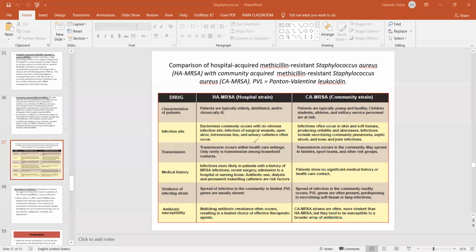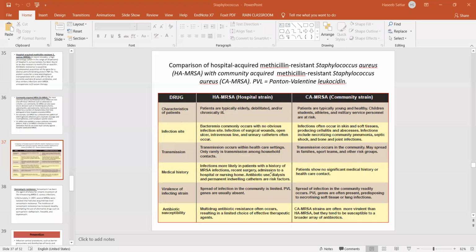But the patient may have septicemia, septic shock, or some bone and joint infection as well. Transmission of hospital acquired MRSA mainly occurs within the hospital or healthcare facility, while community acquired MRSA spreads in the community from one person to another, from one family to another, just like COVID-19.